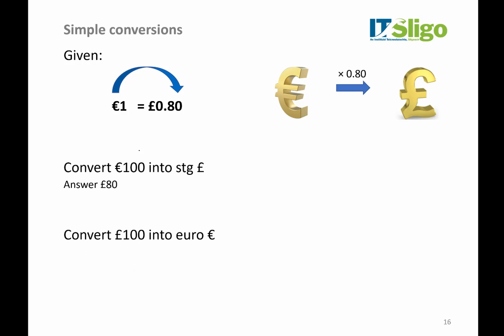Now, going back the way, what if we need to convert 100 sterling into euro? Now, guys, we're going from sterling into euro. We're going against our conversion rate, so we use our reciprocal. So £1 sterling is equal to 1 over 0.8 euros.